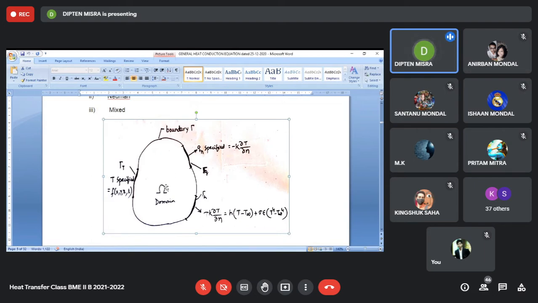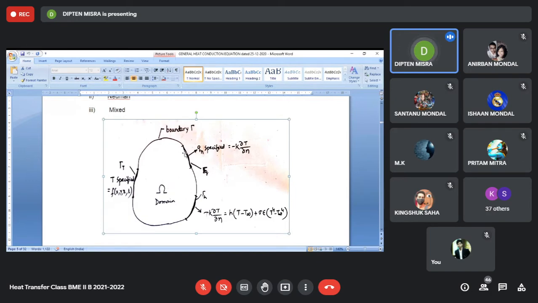Whereas a domain is a union of innumerable points such that each of these points is surrounded by domain points only. If you take any point inside the domain, it will be surrounded by points belonging to the domain only.